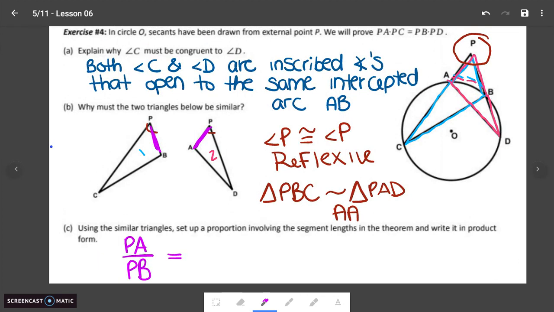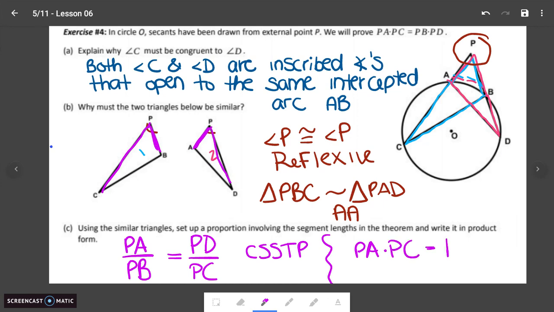Now it's equal to, let's say, we'll take this side PD over this side of PC, right? And that would be because corresponding sides in similar triangles are proportional. And then when we cross multiply, PA times PC is equal to PB times PD, because the product of the means is equal to the product of the extremes. So we'd be able to show that proportion.